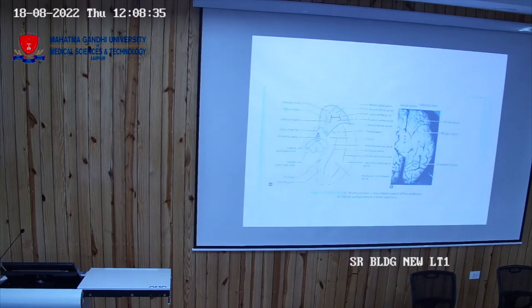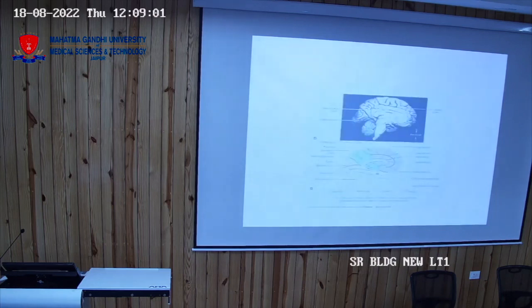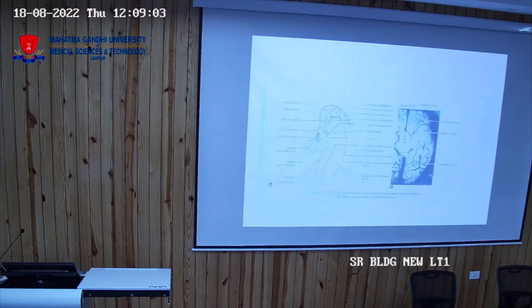This is the inferior surface of the cerebral hemisphere. On the inferior surface, there are two borders. Look at this one. This is the infero-medial border and this is the infero-lateral border. So three borders: one is the superior-medial border and two inferior borders.